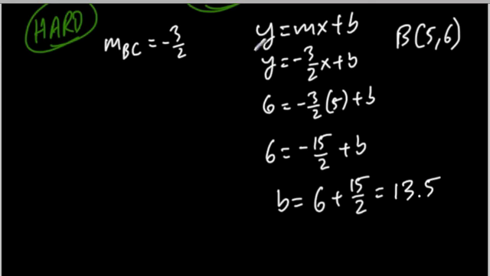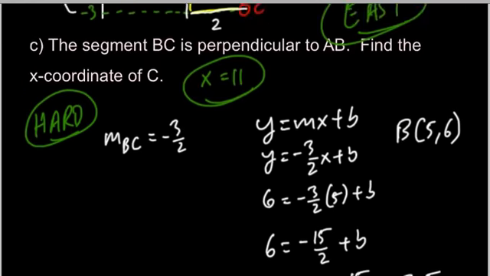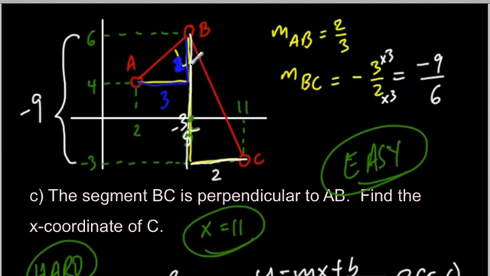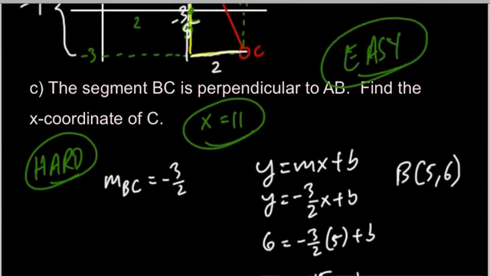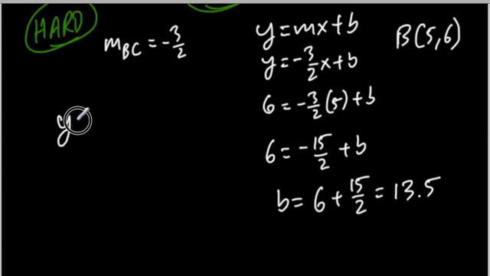So b is equal to 13.5. So the equation of the line that goes through B and C is y is equal to negative 3 over 2 x plus 13.5.